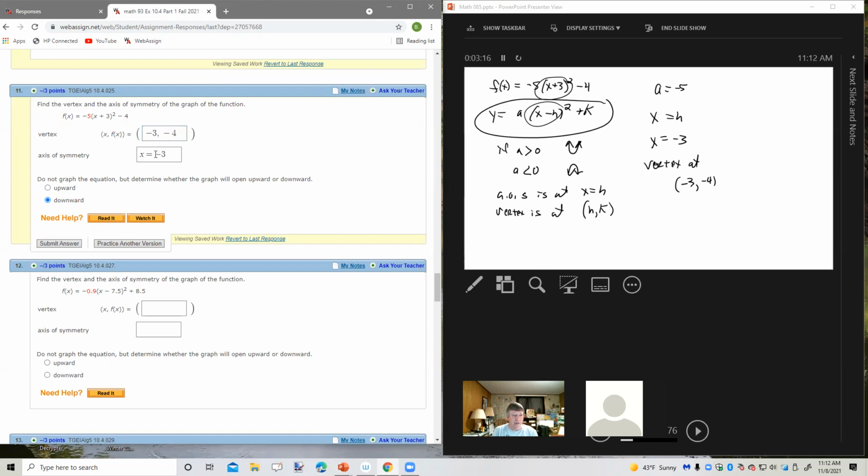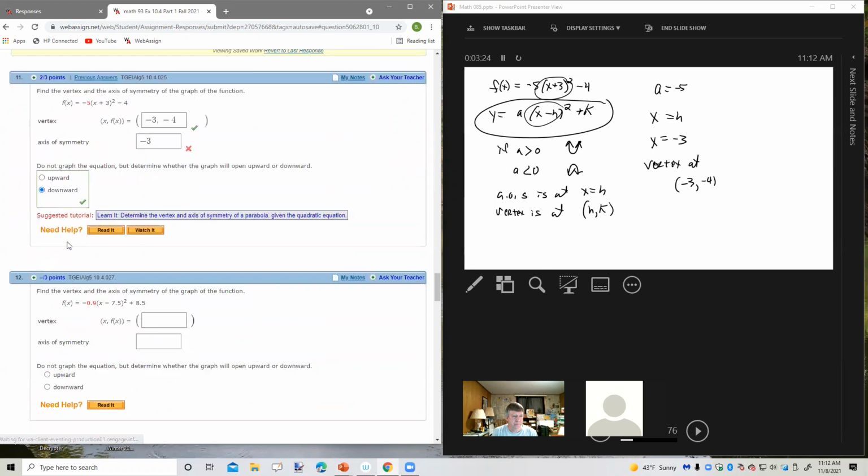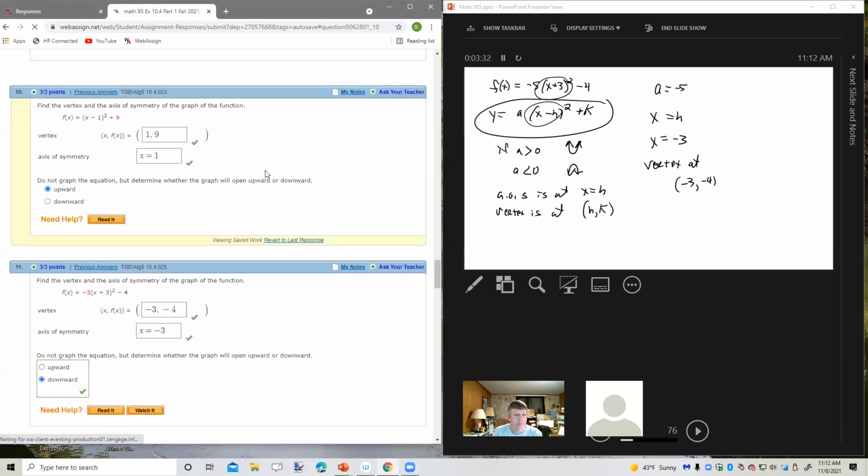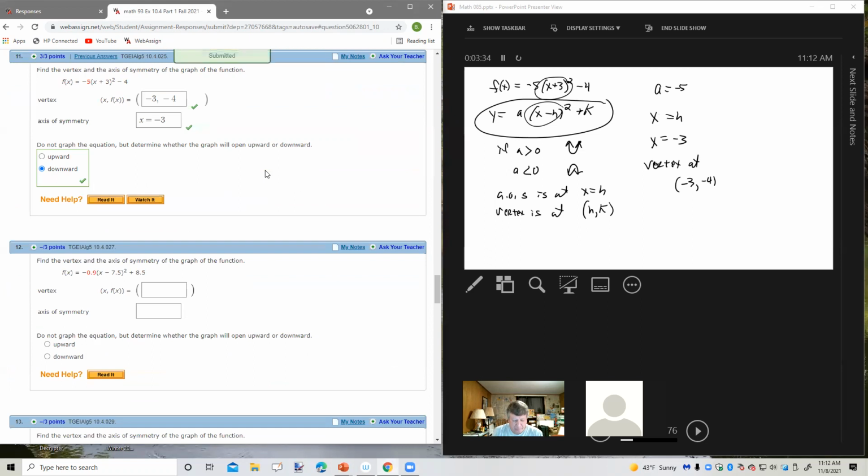In fact, let me just put in x equals -3, and I'll show you that it's going to be wrong. So I've got to come back here and change it to x equals. All right, any questions about that example?